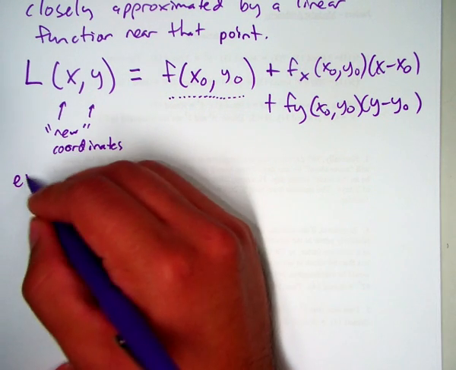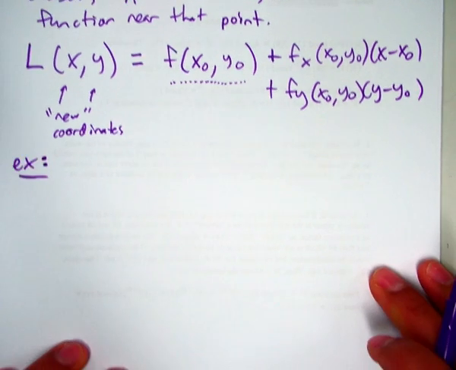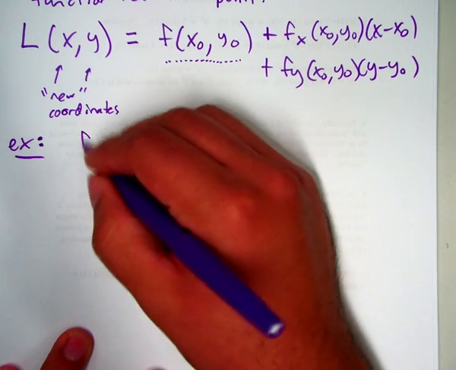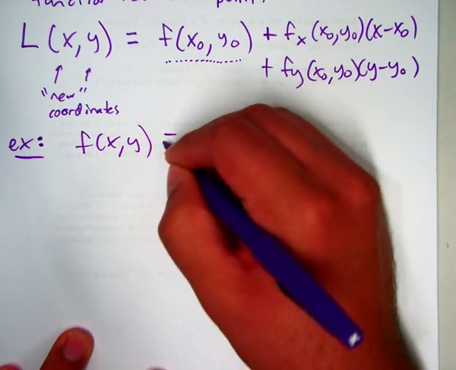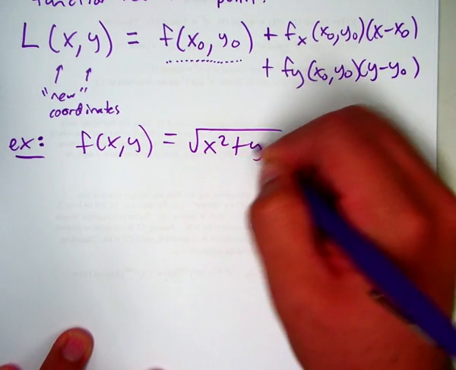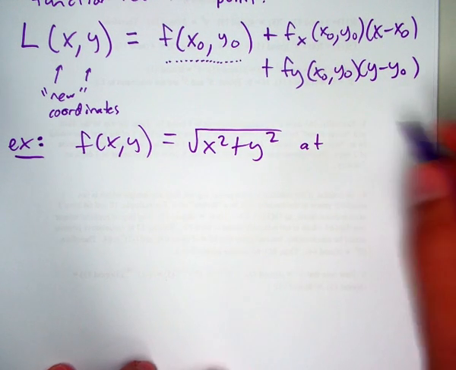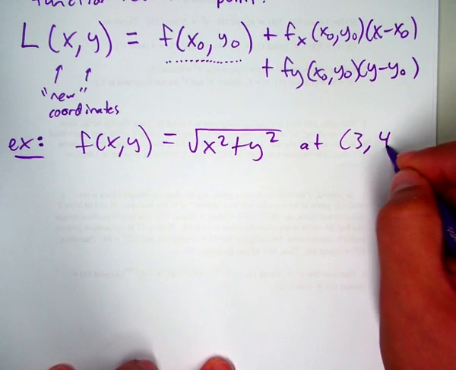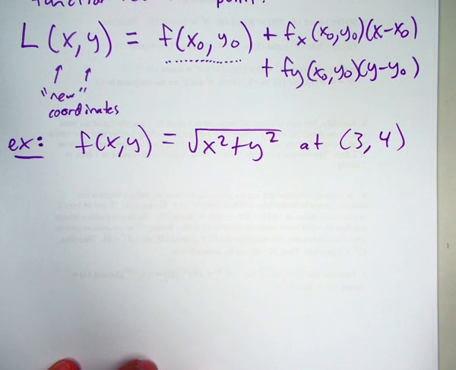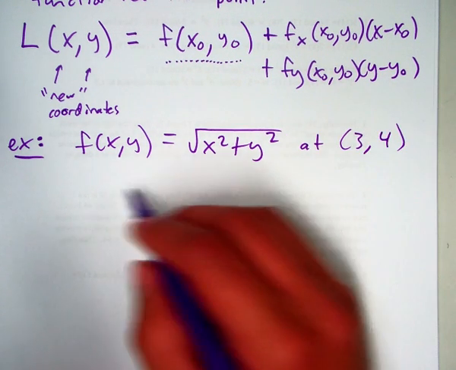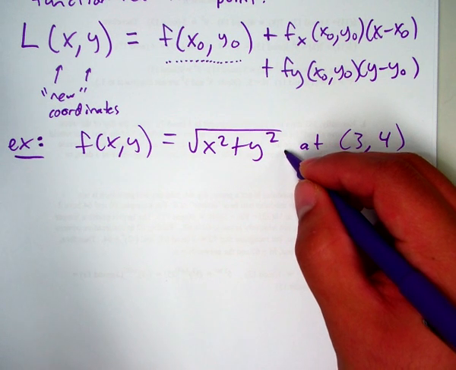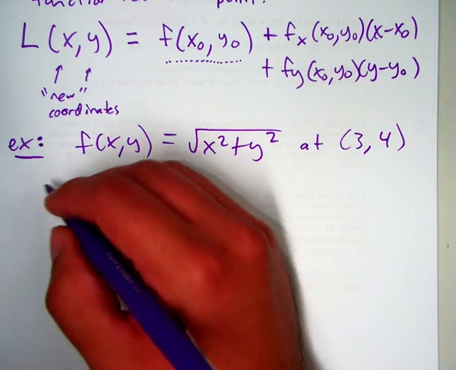Okay, so here's an example. Let's say f of x, y equals the square root of x squared plus y squared at the point 3, 4. So this is where we're at.